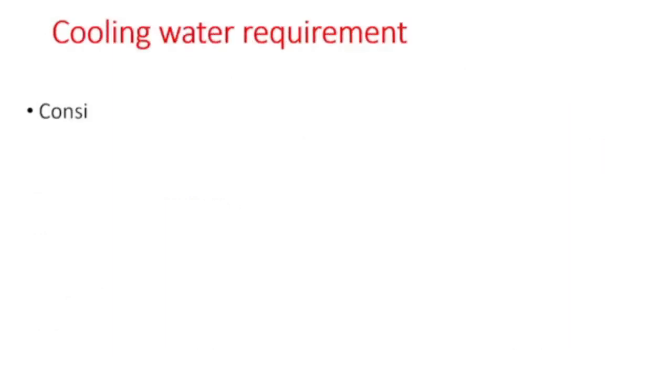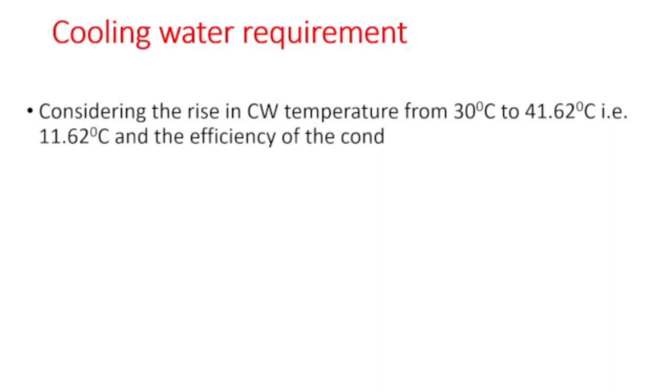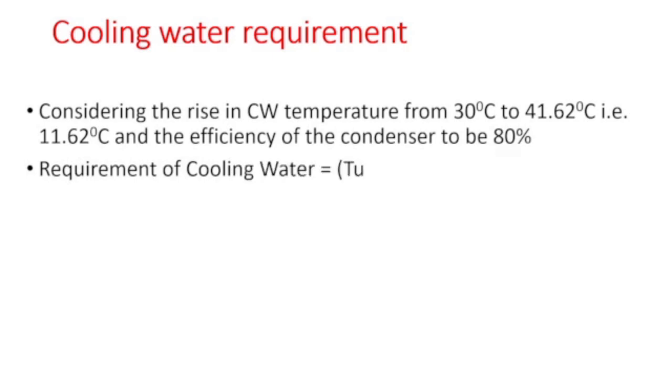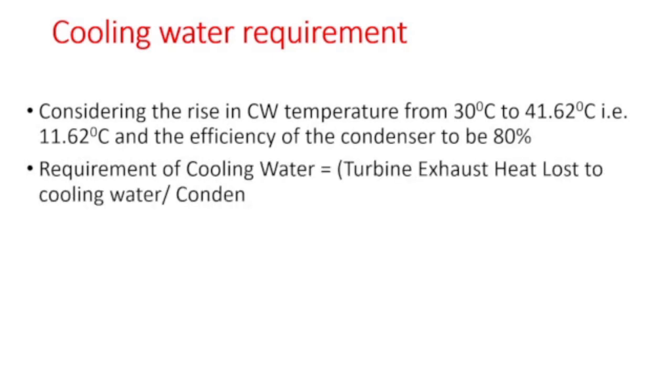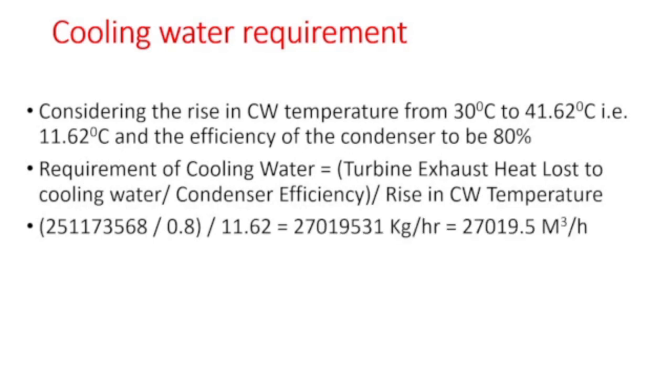The cooling water requirement has been calculated as follows, considering the rise in the CW temperature from 30 to 41.62 degrees centigrade, that is 11.62 degrees centigrade, and the efficiency of the condenser to be around 80%. The requirement of cooling water will be equal to the turbine exhaust heat lost due to the cooling water, divided by condenser efficiency and divided by the rise in CW temperature.